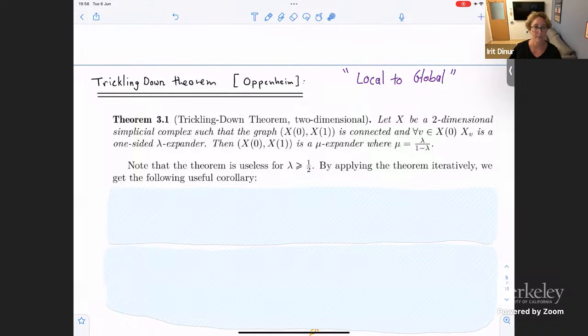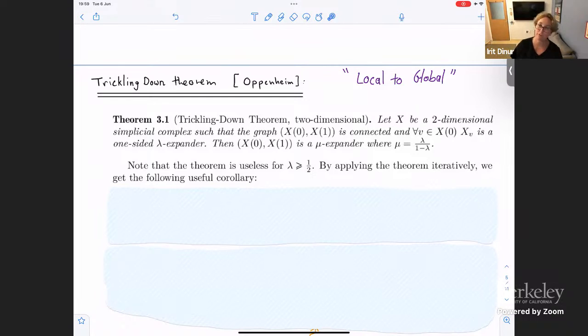And this is the trickling down theorem of Oppenheim. What does it say? It says the following: if you have a complex X, and let me start by just looking at a two-dimensional complex, but really this goes to d dimensions. So you have a two-dimensional complex, and about the graph underlying the complex, you don't know that it's an expander or anything. All you know is that it's connected.